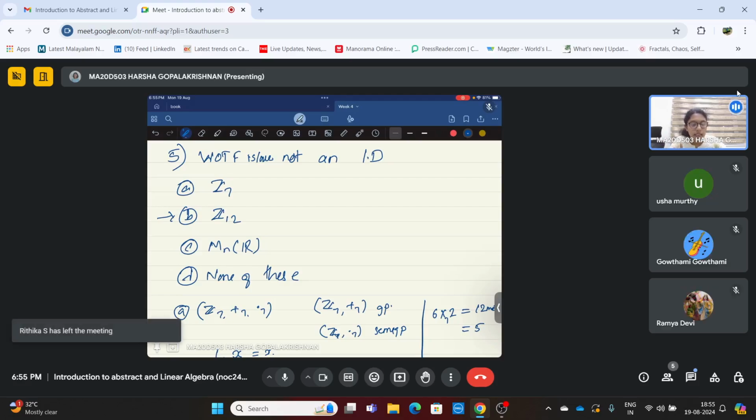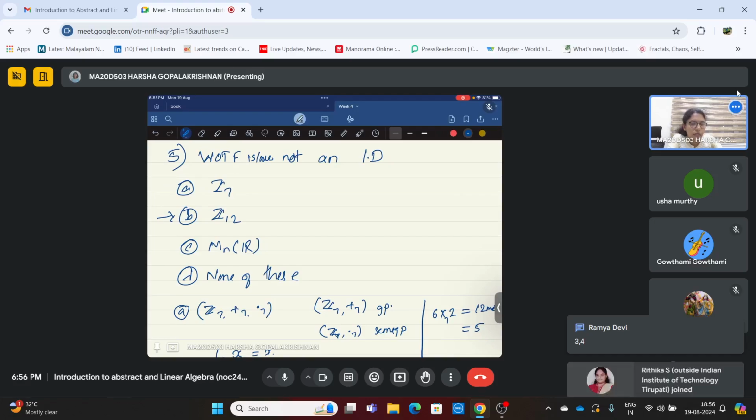So does there exist two elements from set 12 such that the multiplication of these two elements gives 0 and these two elements we are choosing is a non-zero element. Can anyone give me such an example of two elements from set 12 whose multiplication gives 0 but that element is not 0? 3 and 4.